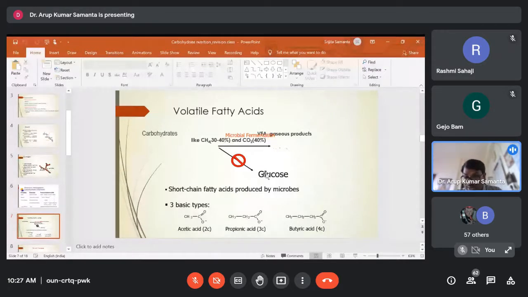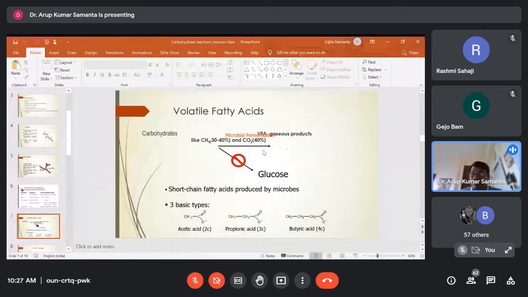So a question you may get is what the end product of carbohydrate digestion in ruminant species is, whether glucose or something else. It is volatile fatty acids and gaseous products. Which gaseous products are produced? It is methane and carbon dioxide.